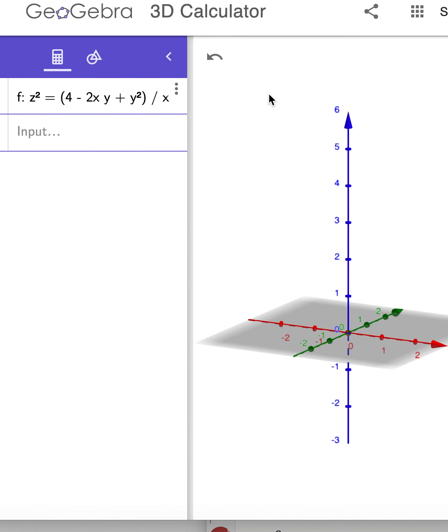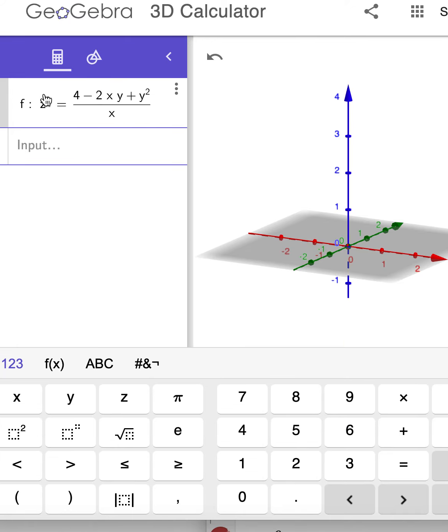So I'm going to solve by square rooting it myself. And I can't guarantee that the program will always be able to recognize every implicit equation. We may have to solve ourselves a little bit here.